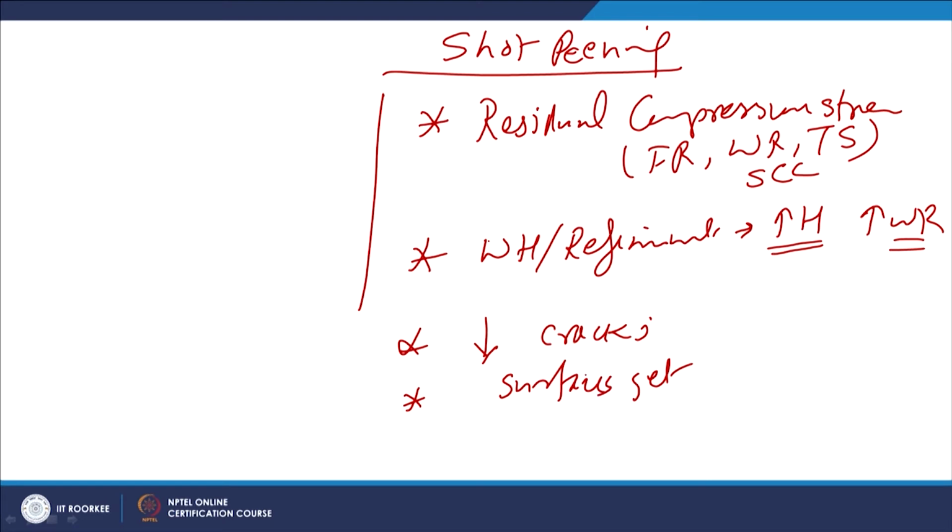Surfaces after shot peening may get roughened. So, roughening of the surface can take place, and that also needs to be taken care of. So, these are the positive effects and these two are the negative effects.